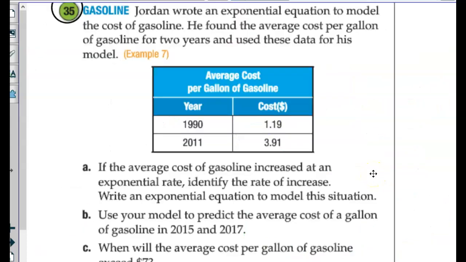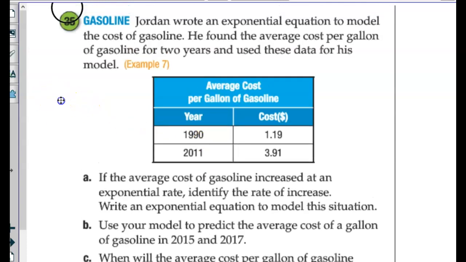Lost my tablet. All right. So would this be 21 years, right? The cost went from an initial value of 119. It was growing by some rate. In 21 years, it became 391.